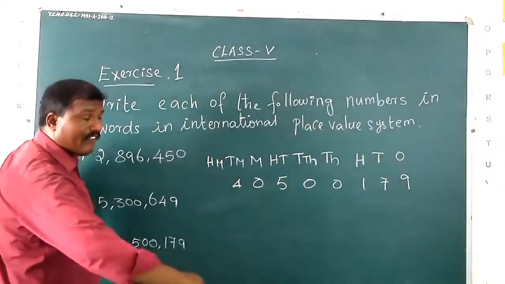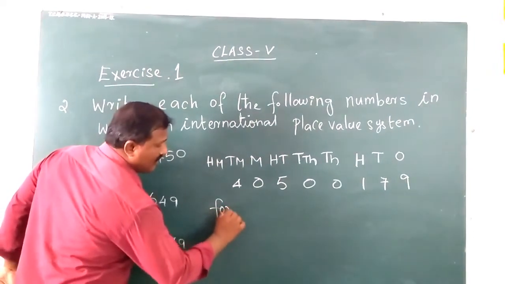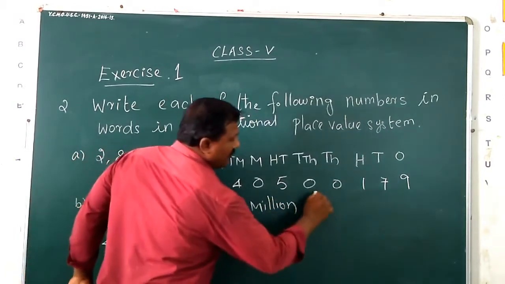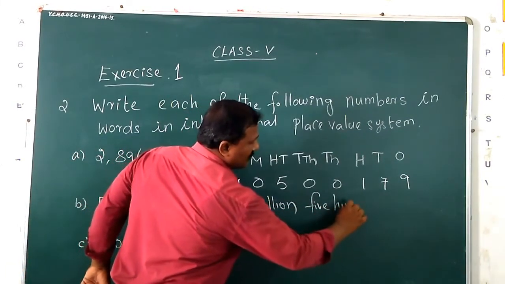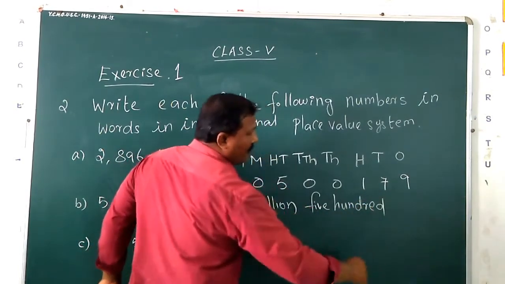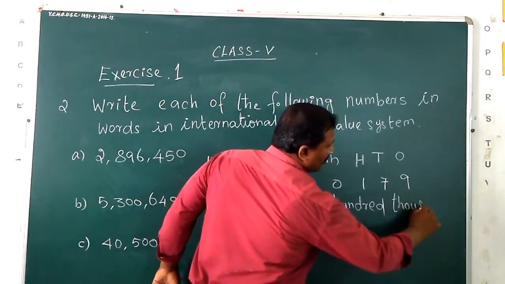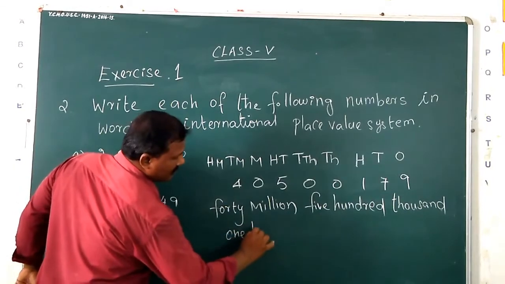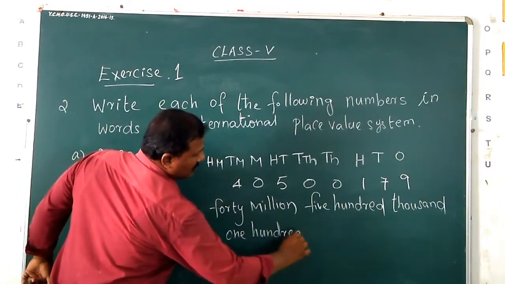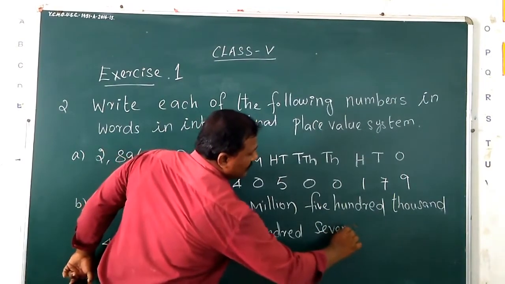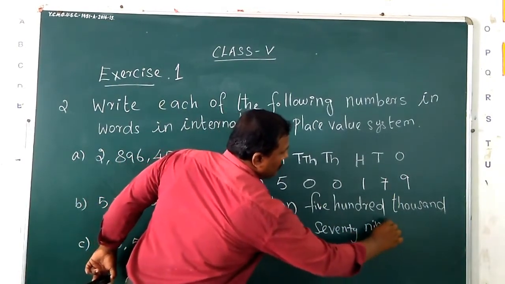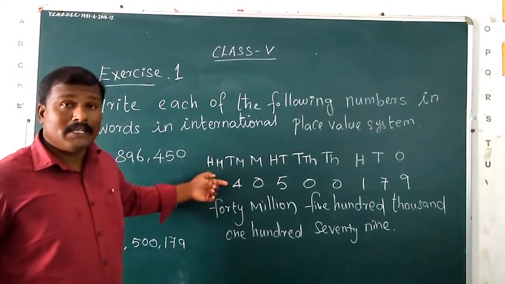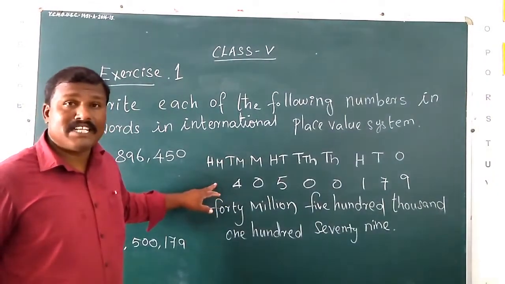So how to write in words? 40 million, 500,000, 179. Okay, so this is the way you can convert numbers into words as per the international place value system.